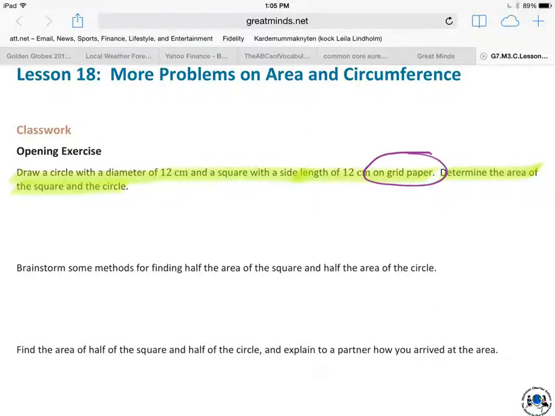Please go ahead and do this on that grid paper, and let's start working more exclusively on the grid paper when we're creating shapes. Please use your ruler to draw the lines of the square. Use your compass as needed to draw your circle. So let's work on our attention to detail and neatness when it comes to drawing circles and squares and other shapes. Go ahead and do that, and come on back.